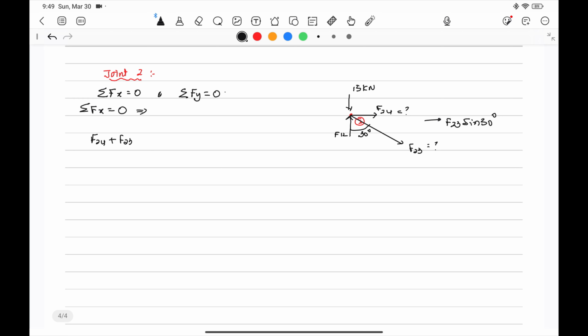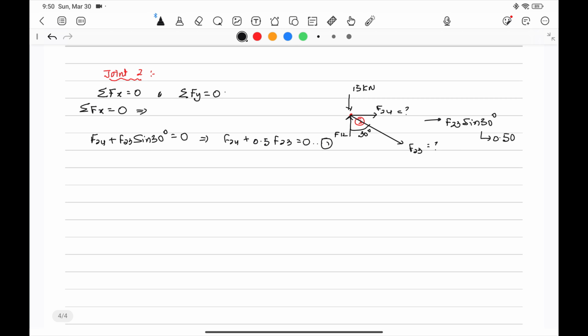Both are acting in the same direction. Is equal to 0. That means F24 plus 0.5 F23 is equal to 0. That is equation 1. Sin 30 is equal to 0.5. Please remember these values.